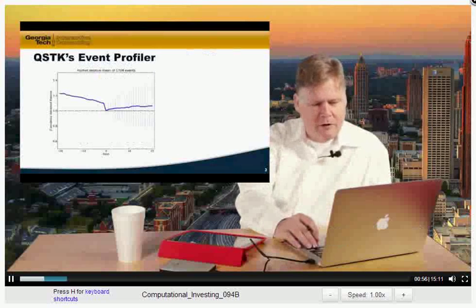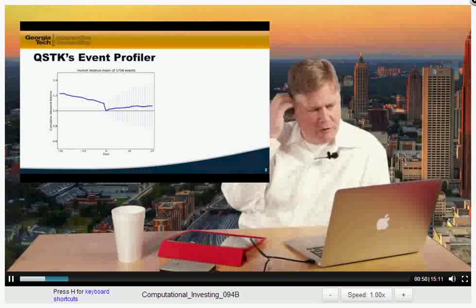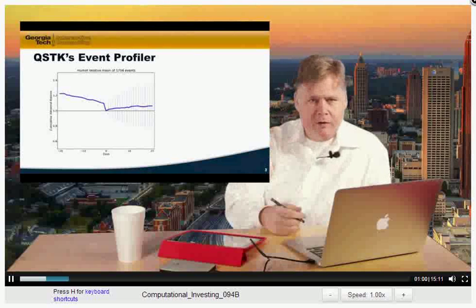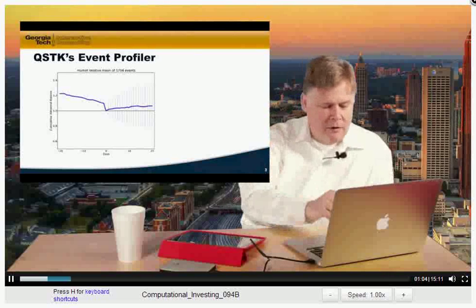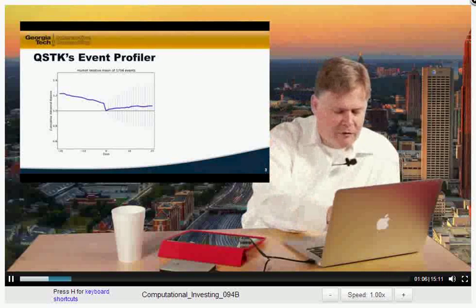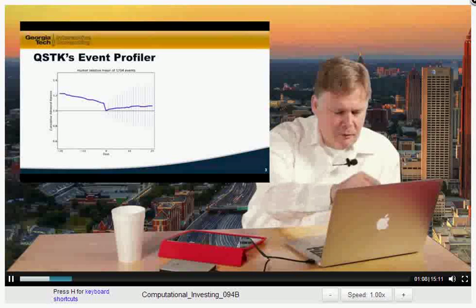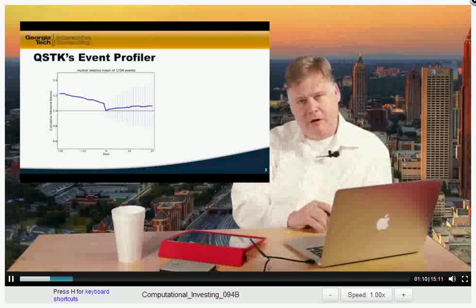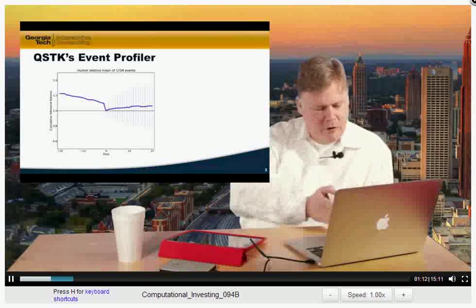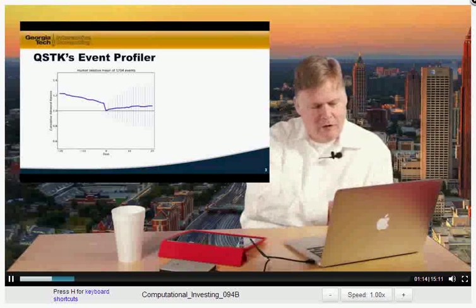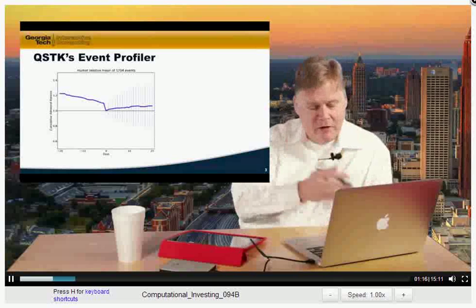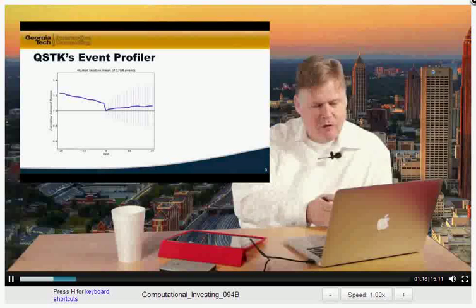Here is an example of the output of the code from QSTK. Similar to McKinley's chart, you see 0 days right in the middle there. If you go back before the event, there are negative days. Those are just days before the event.